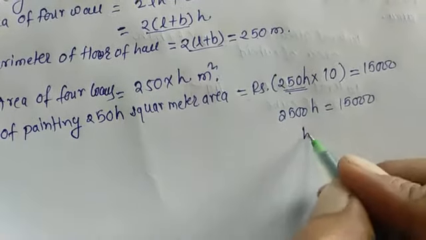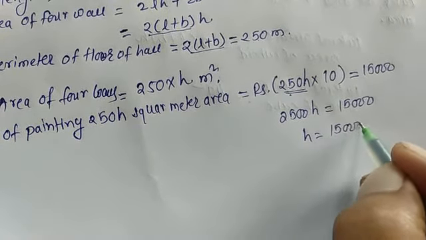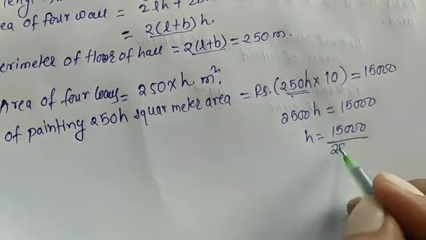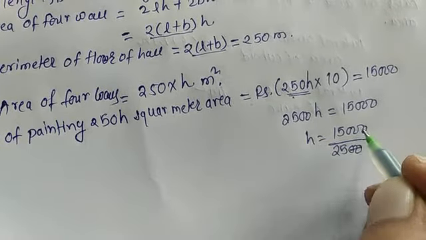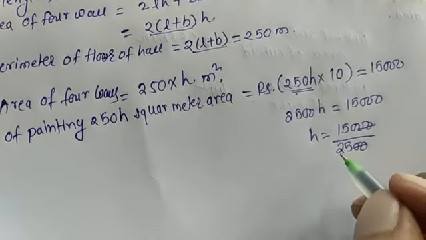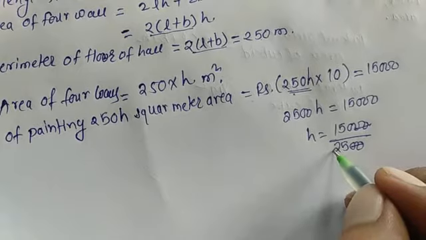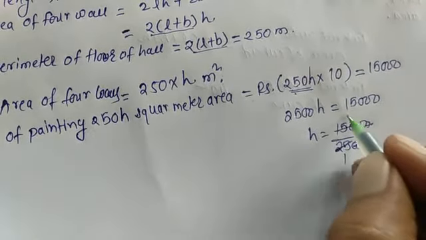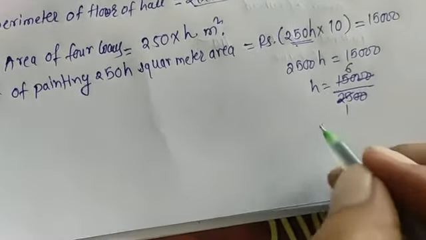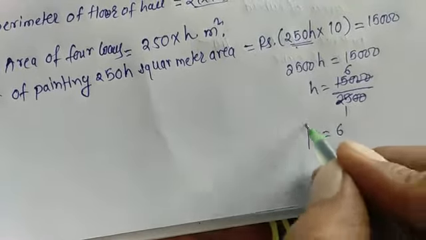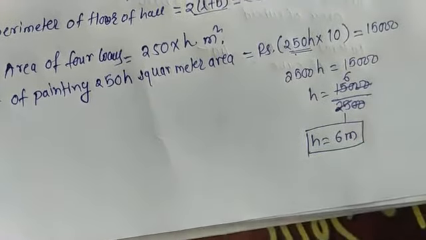So H is equal to 15,000 divided by 2500. Here 2 zeros will be cancelled, and 25 sixes are 150. So H is equal to 6 meter.